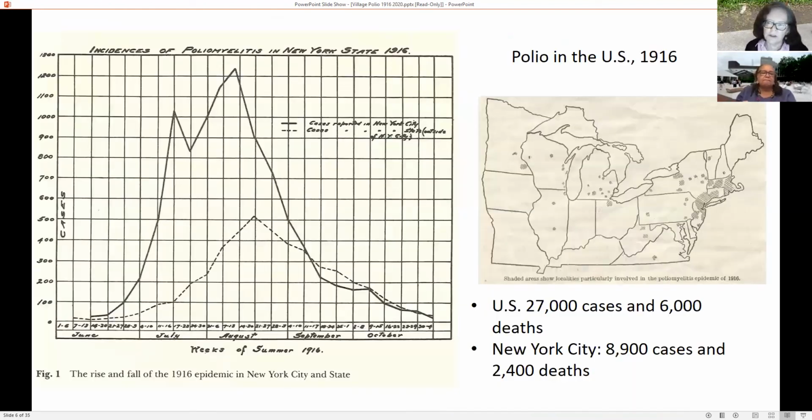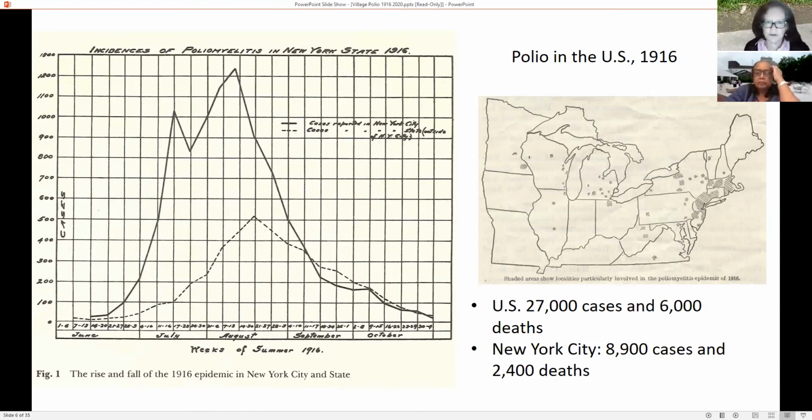So here's examples of what the epidemic in 1916 looks like. You can see from the part of the map of the United States that this was primarily a northeastern epidemic, although there were outbreaks in some other states. And here I'm just going to mainly talk about New York City, which was really the epicenter of the 1916 epidemic. 8,900 cases, 2,400 deaths.